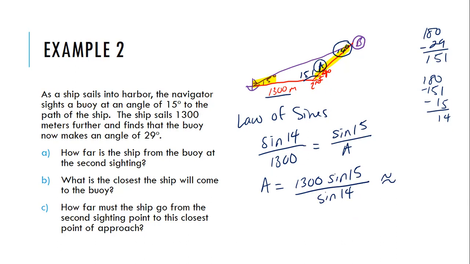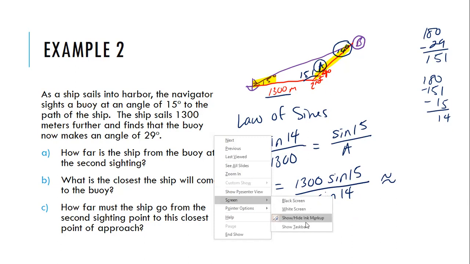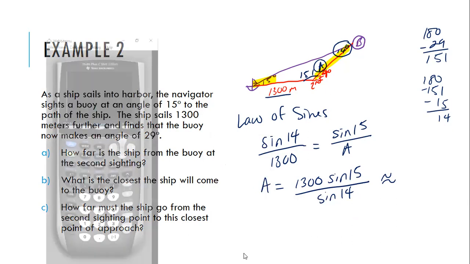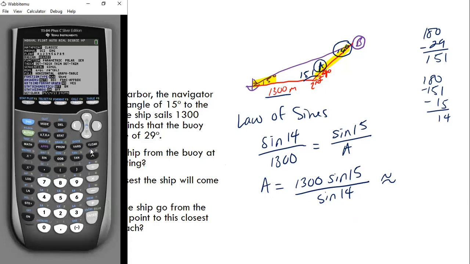So I type all that in the calculator. Do y'all need to see me type it in? Are we good typing? I think it's weird that you have to turn your calculator on, on the computer. Yes. All right, so make sure it's 1,300 sine 15, close parentheses, divided by sine of 14.